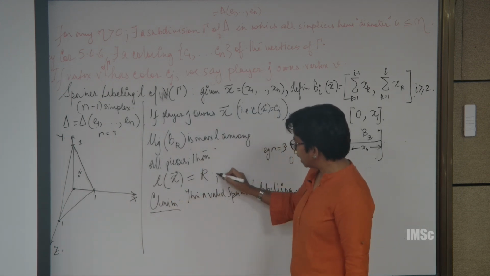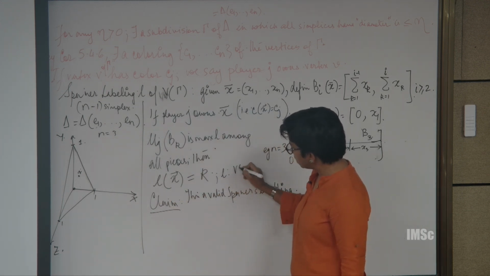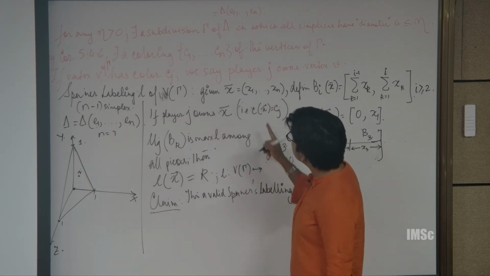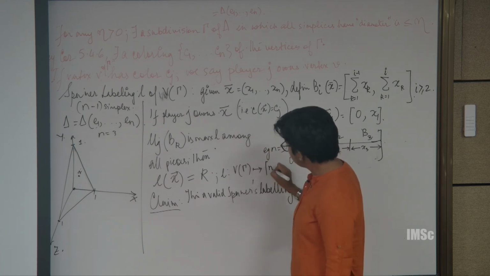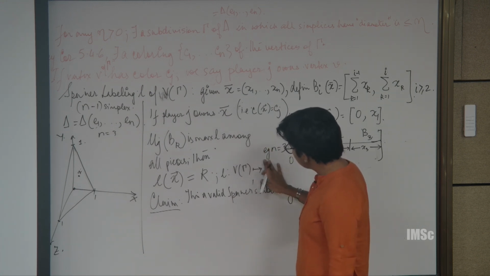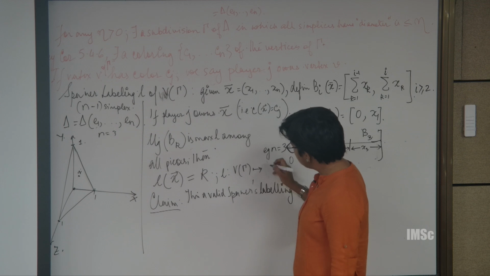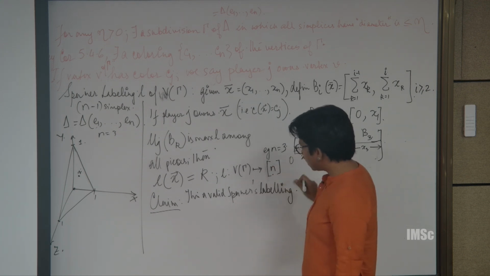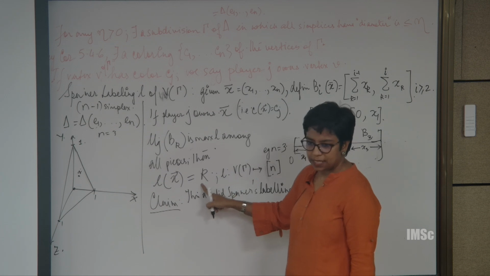So, the labeling is a function from the vertices of the subdivision to what? In this case n plus 1 values, not colors, some values, let us just put it this way, it is fine. Right. So, k is an index.